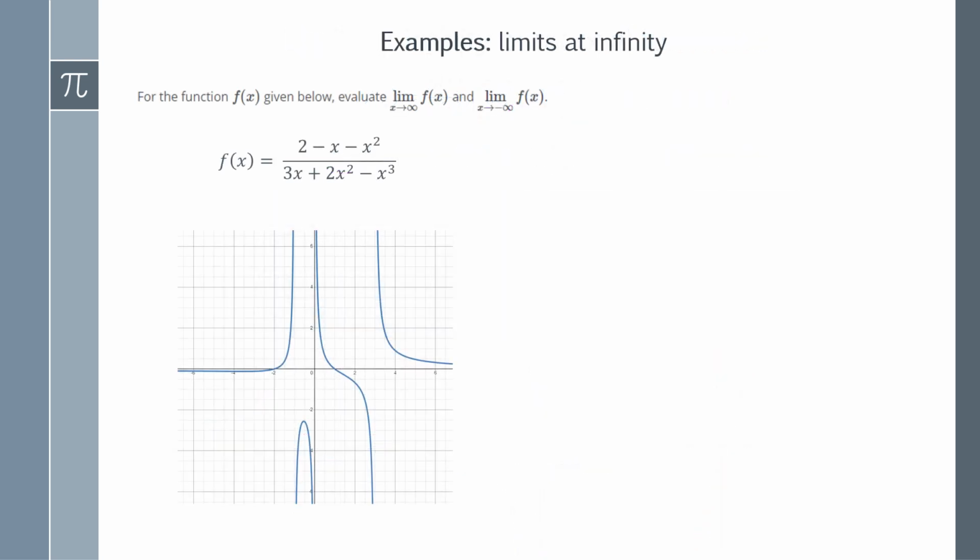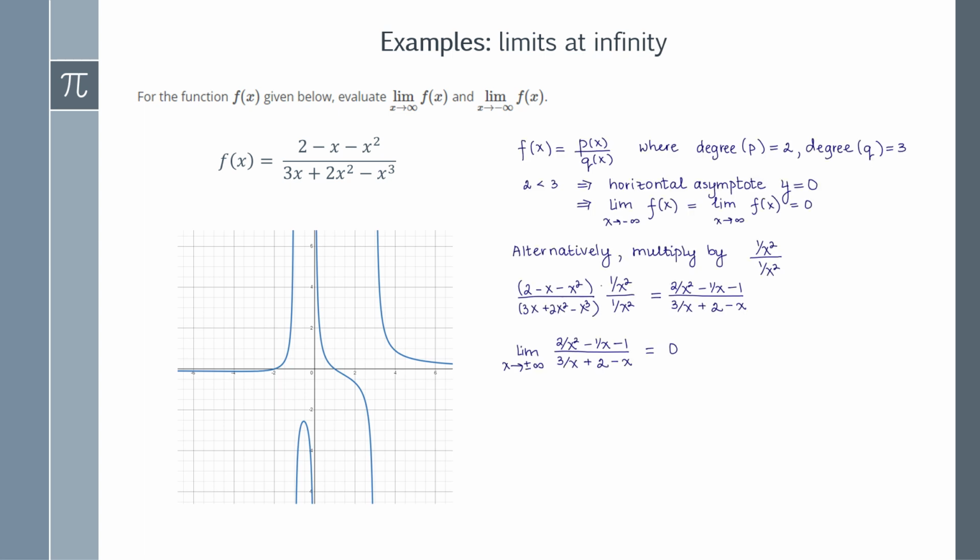Okay, let's take a look at our first example where we would like to compute the limits at infinity of the following rational function. f of x is equal to 2 minus x squared over 3x plus 2x squared minus x cubed. So here is my solution.